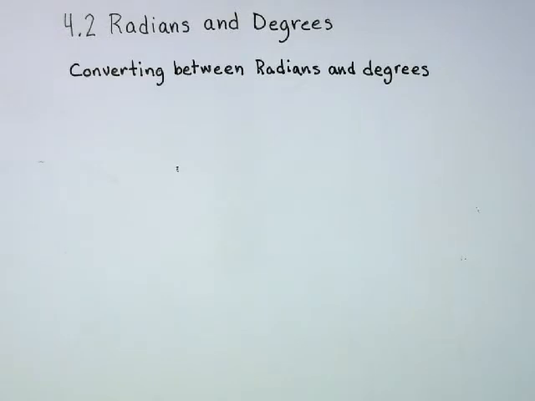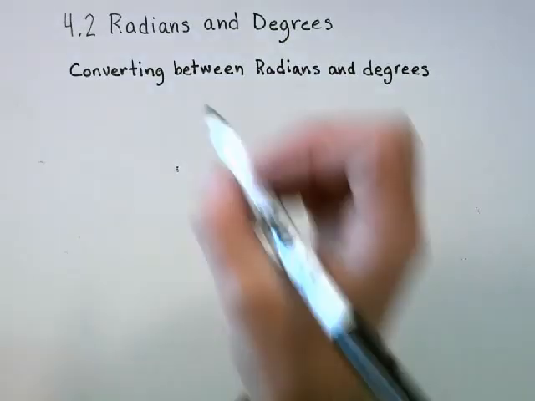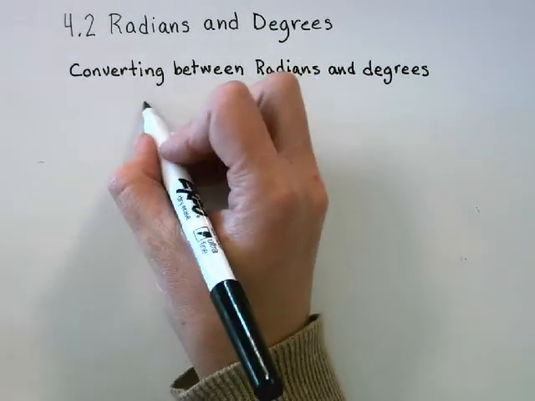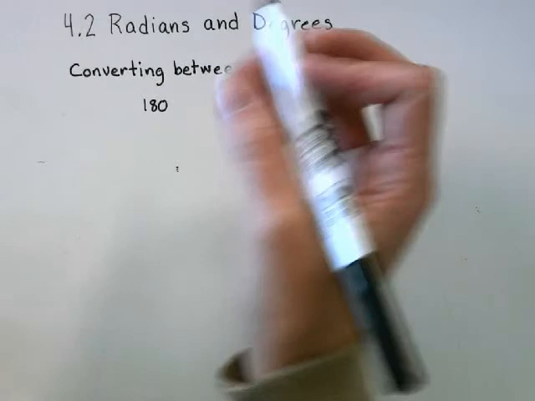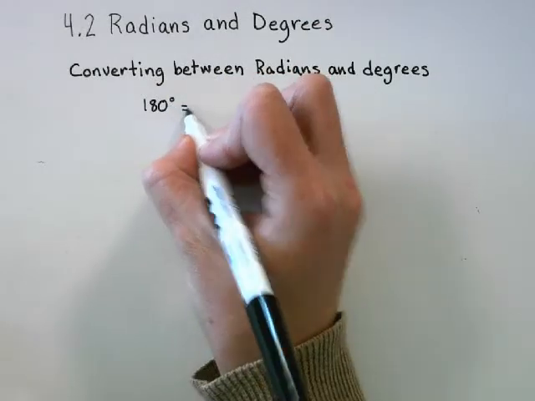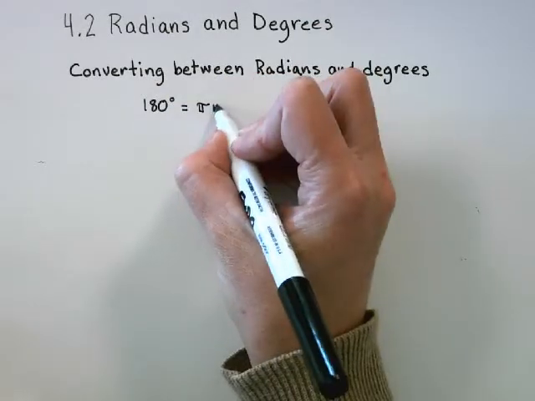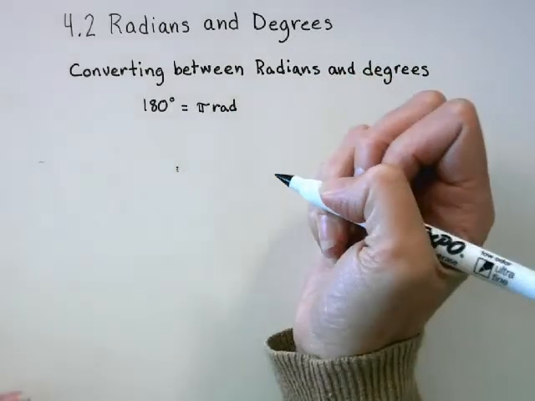Okay, next, converting between radians and degrees. So we talked about radians and degrees on the unit circle. If you remember, 180 degrees was equal to pi radians.